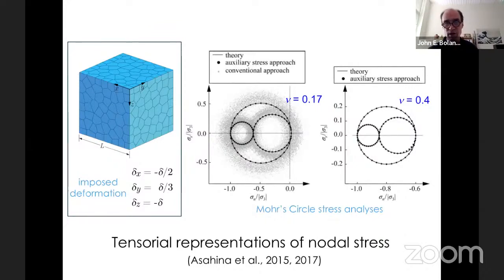And a sticky point, which I'll come back to a couple times, is Poisson's ratio. Long ago in our early research, we assumed that Poisson's ratio was 0, and we could get very nice results for that. But for non-zero Poisson ratio, we had trouble until the work of Dr. Asahina.